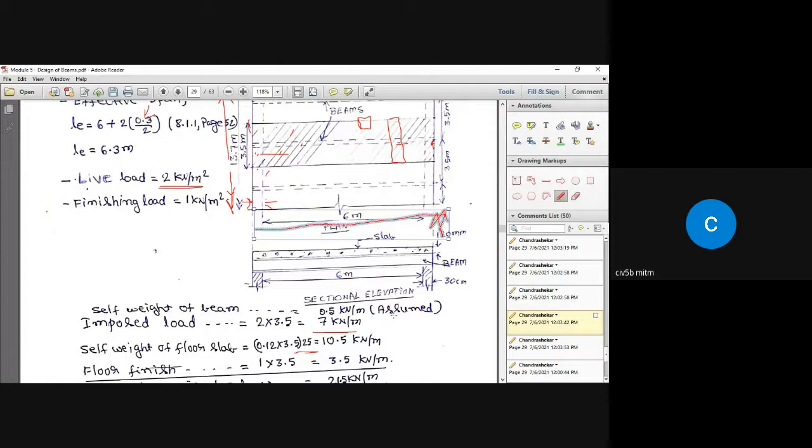Then what is the floor finish? That is given in the problem, 1 kilonewton per meter square. So total width is 3.5 meter. If you multiply this by 3.5 meter, it is going to be like this.